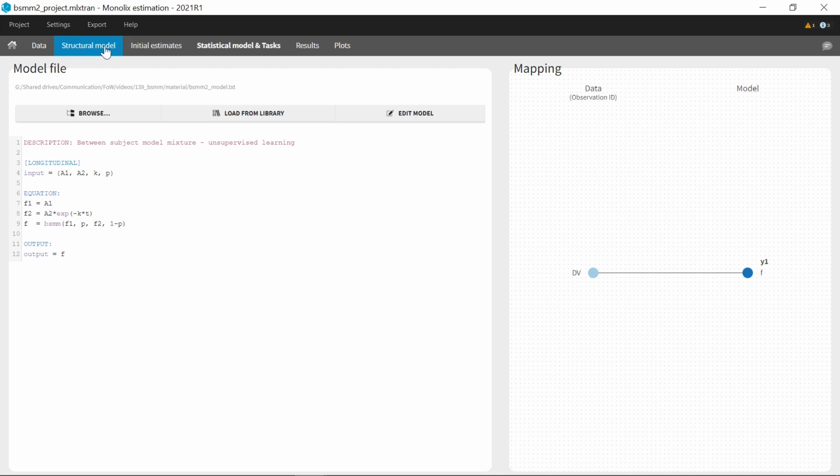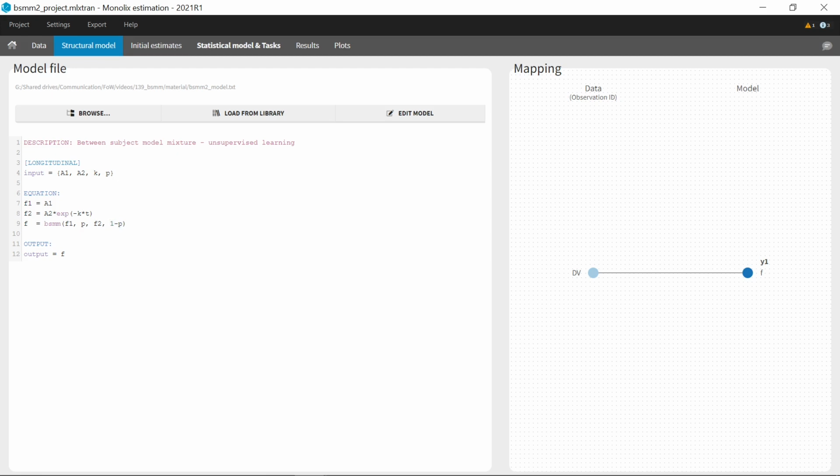In the structural model, the two equations are defined in the variables f1 and f2 and are then mixed into a single variable f with the function BSMM. BSMM stands for Between Subject Model Mixture, and it defines a random mixture of structural models such that the structural model for a given subject is f1 with a probability p and f2 with a probability 1 minus p.